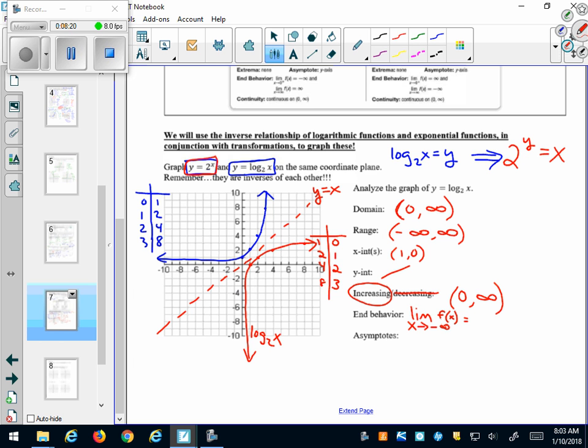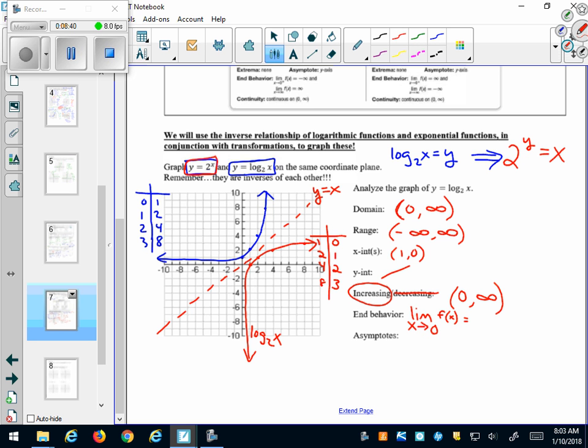Sorry. The domain doesn't go to negative infinity, so we can't use that here. Limit as x approaches 0, right? Because x only goes to the left as far as 0.